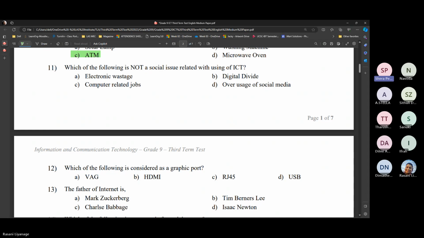Miss, is there a correct answer for this? Yes? They ask, what is not a social issue?